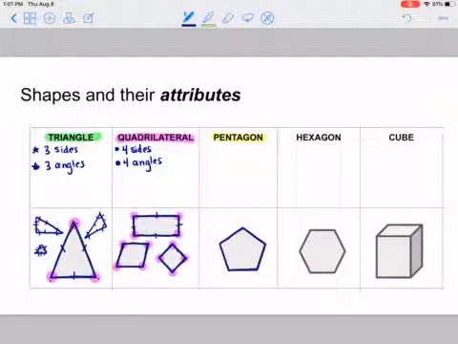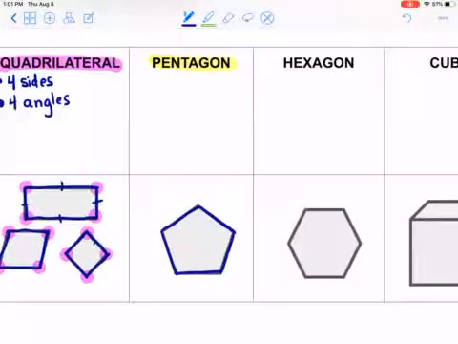I'm going to zoom in on this a little bit. So 5 sides in a pentagon. A pentagon doesn't necessarily always have to look like this. This is also a pentagon. 1, 2, 3, 4, 5.